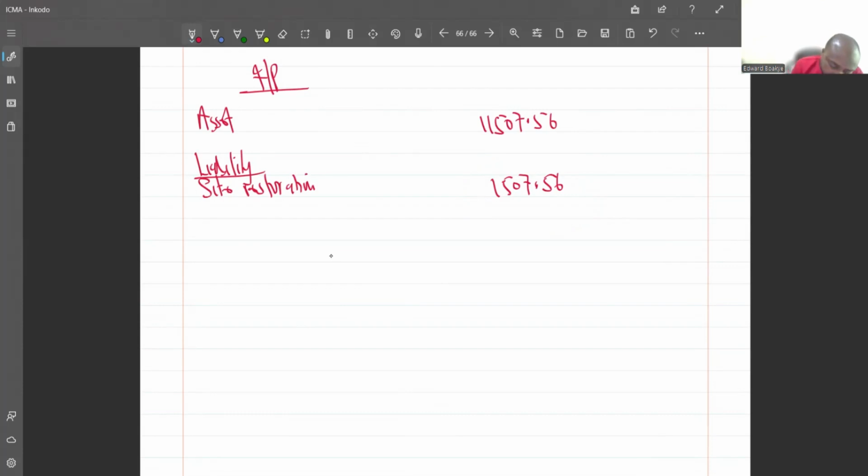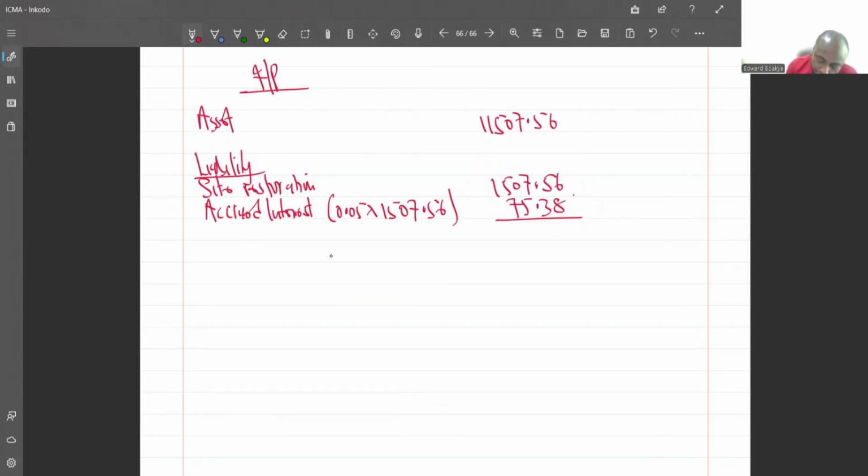So there's going to be also an accrued interest of 0.05 times what? 1507.56. That is how much? 1507.56 times 0.05, giving us 75.38.